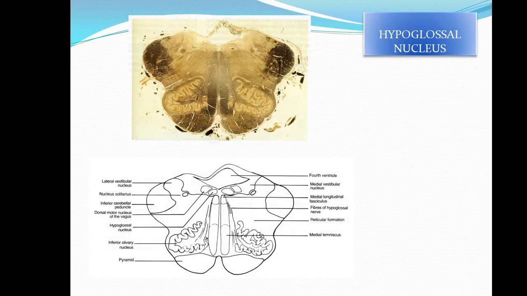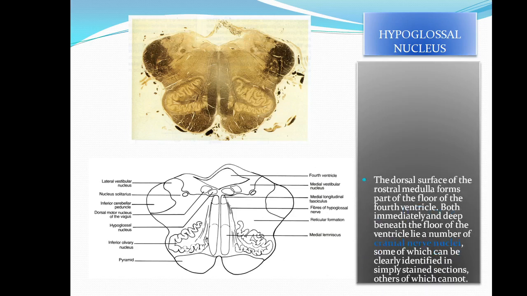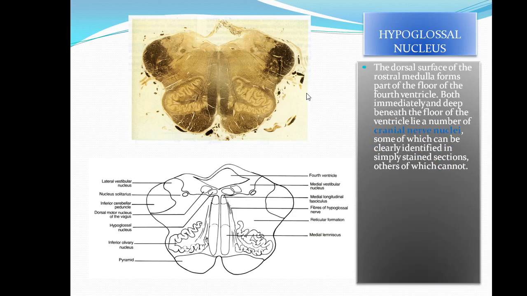Let us come to the hypoglossal nucleus. The dorsal surface of the rostral medulla forms part of the floor of the fourth ventricle, and deep beneath the floor of the ventricle lie a number of cranial nerve nuclei, some of which can be clearly identified in simply stained sections, others of which cannot.